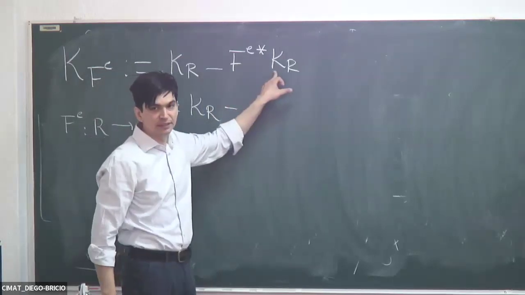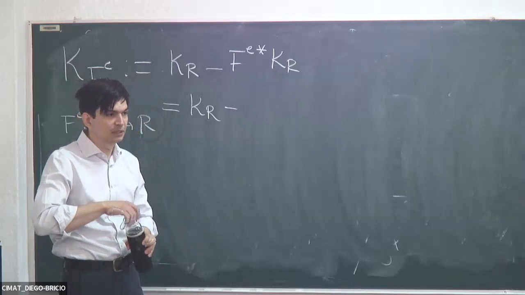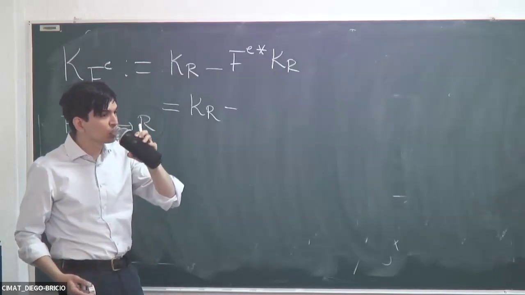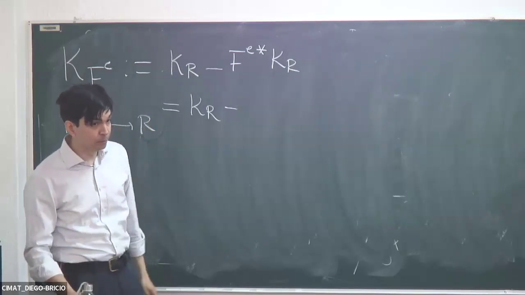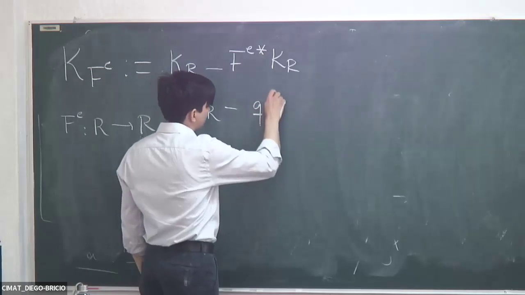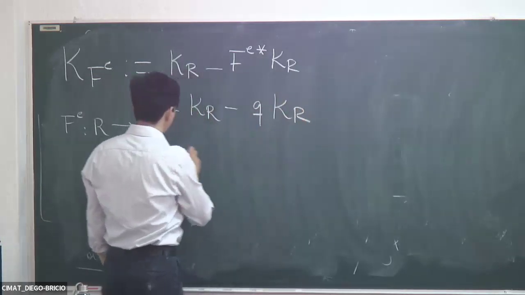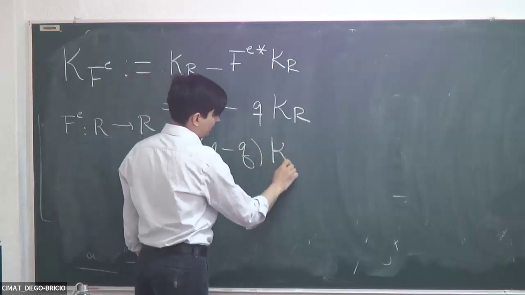What did we say this is? What is computed: the pullback along Frobenius is simply multiplying by q. So this will be qK_R. This is 1 minus qK_R.